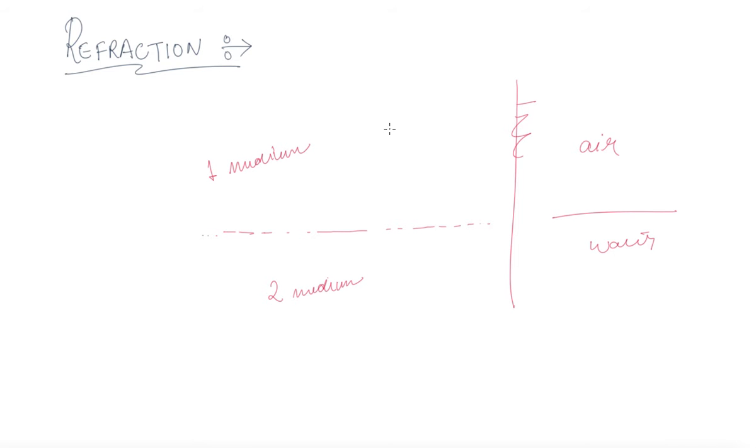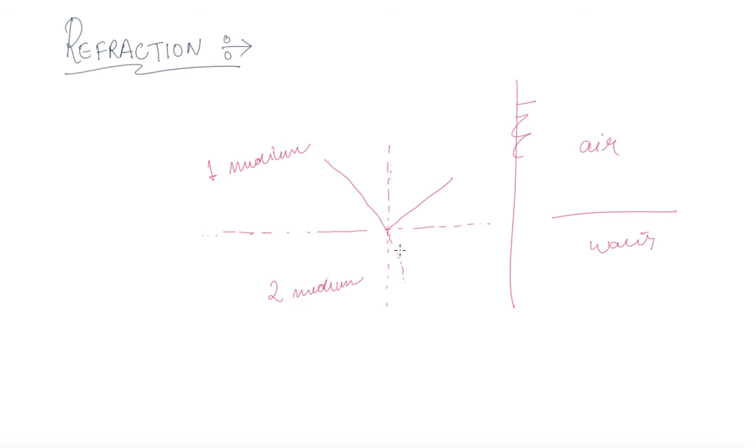So now sometimes what happens is that when rays strike the surface, some of the rays get reflected back. We have already discussed this in our chapter on reflection. And sometimes some of the rays pass through into the second medium. So from the first medium it passes through to the second medium.